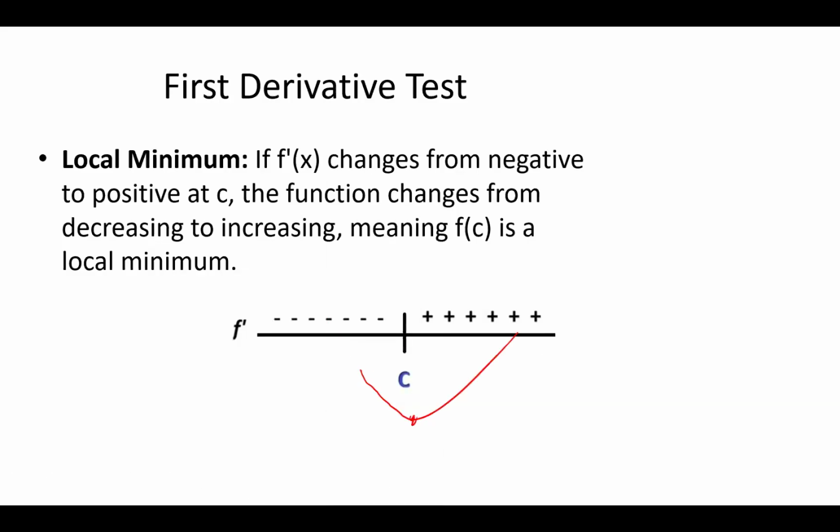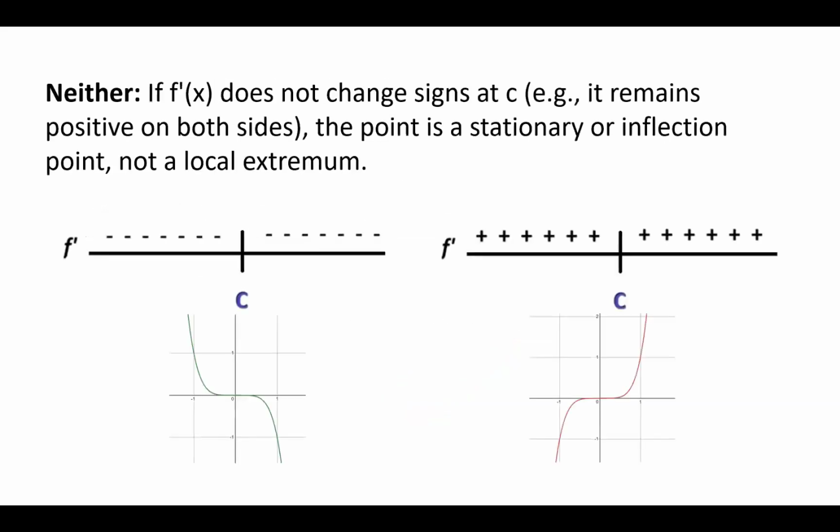So it makes that point a minimum. So a local minimum is a point where the derivative changes sign from negative to positive. And you could also have points that are not maximums or minimums. This is when the derivative doesn't change sign, and examples of graphs where there's not a maximum or a minimum would be the little graphs that you see below.